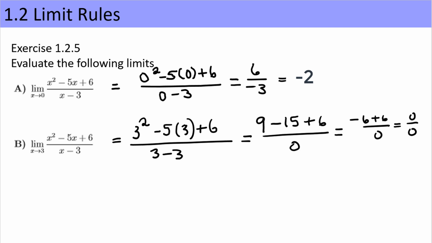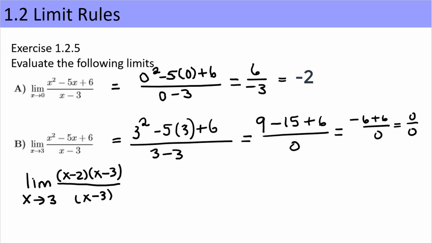I'm going to suggest that we factor the numerator. So the limit as x approaches 3, we'll factor x squared minus 5x plus 6, and the two factors are x minus 2 times x minus 3, divided by x minus 3.